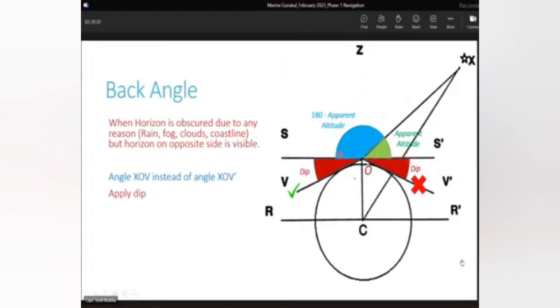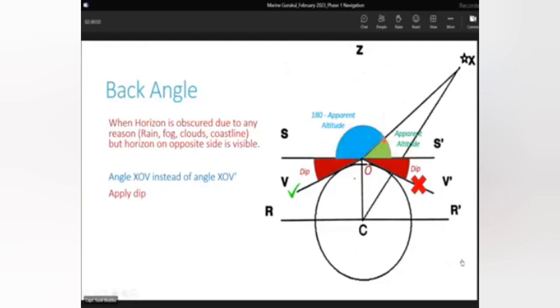It is a plane, or in this diagram a straight line, passing through the eye of the observer and parallel to the rational horizon. So the angle which we have obtained now, the blue color angle, and the angle which we require, the green color angle, will add up to 180 degrees.